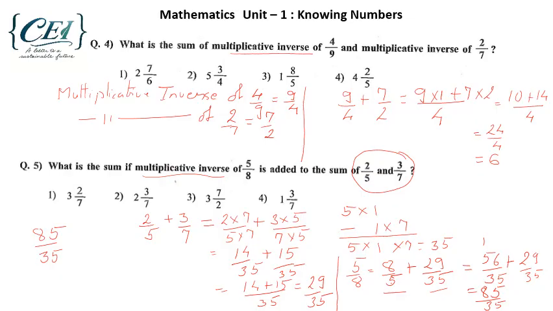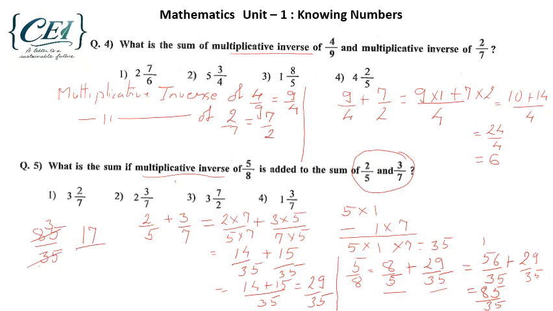Or we have to reduce it. It is divisible by 5, yes. So we divide this by 5 and this by 5. 5 ones are 5, the balance is 3, so 17 upon 7, since 5 sevens are 35.